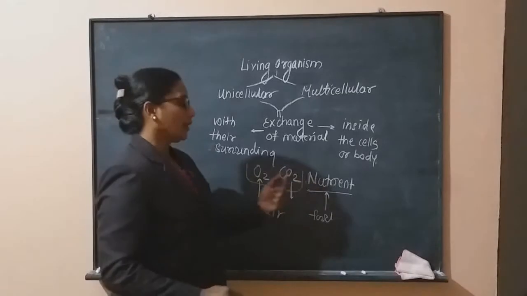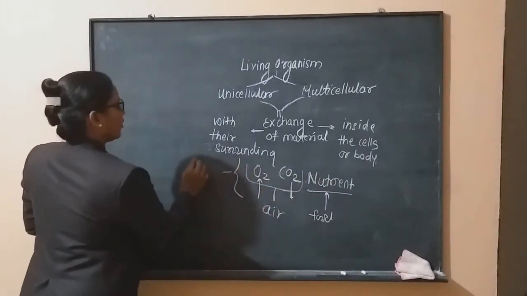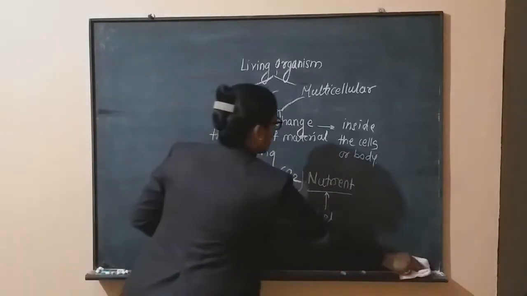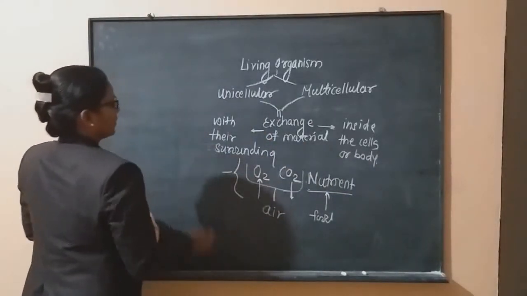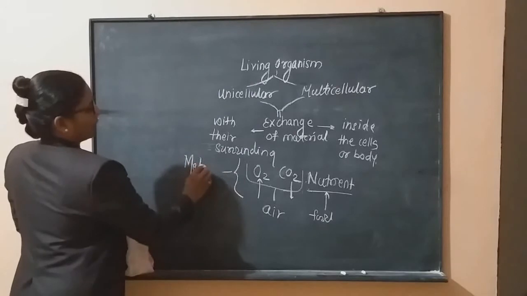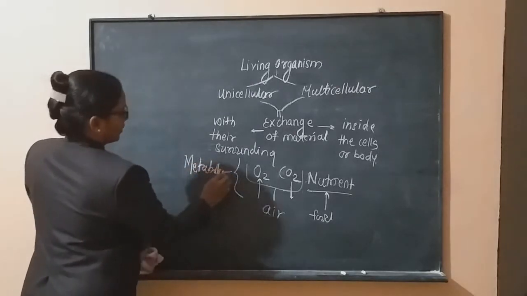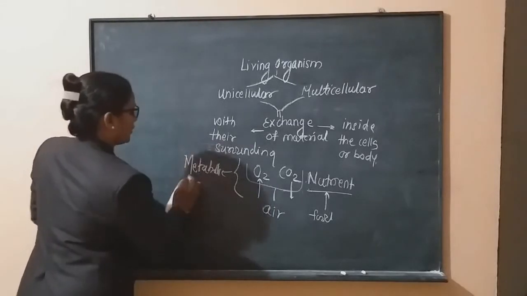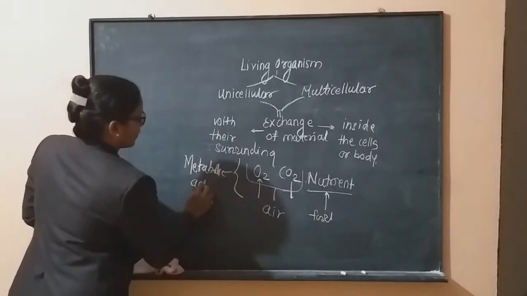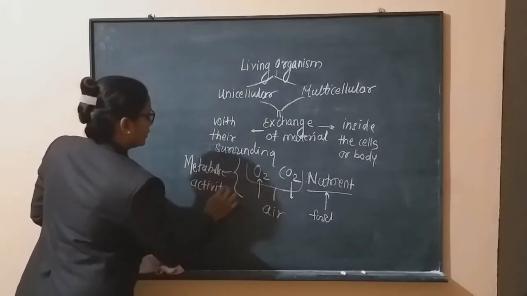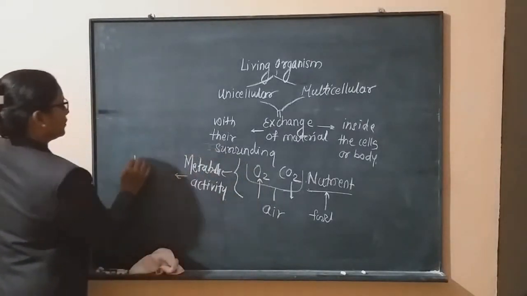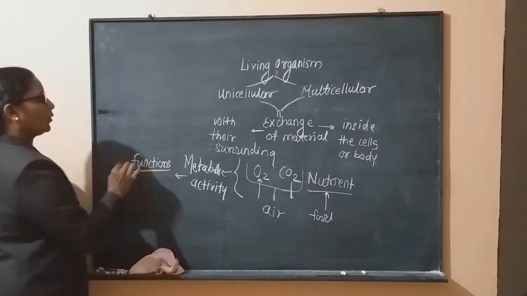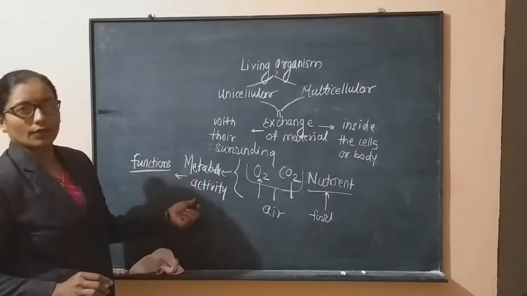Now all these materials are useful for the metabolism, for the different metabolic activity. And this metabolic activity is for the functioning of the body. That is, body functions performed due to this metabolic activity.